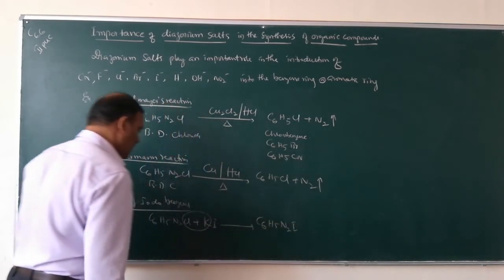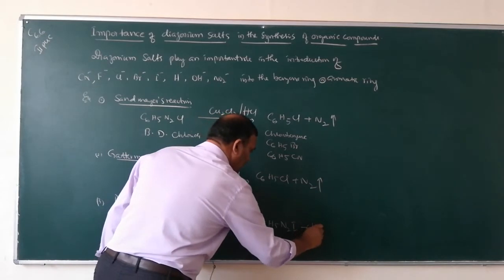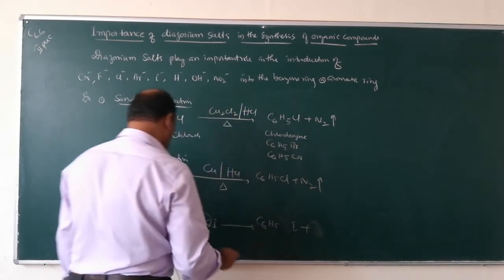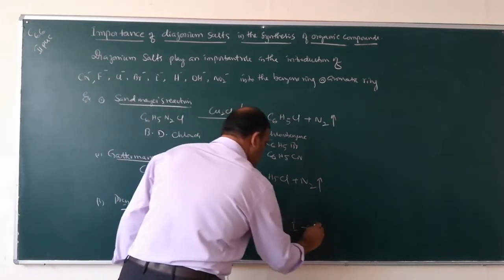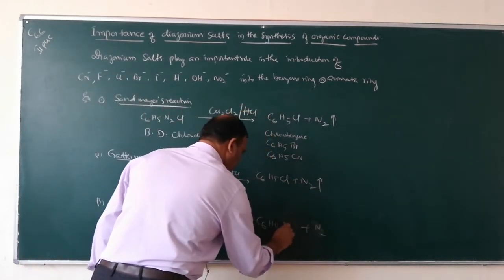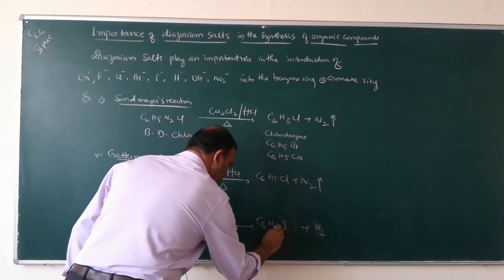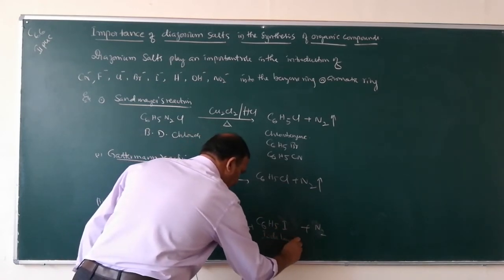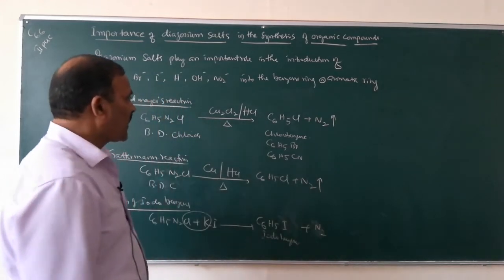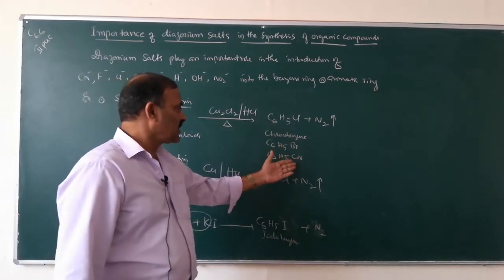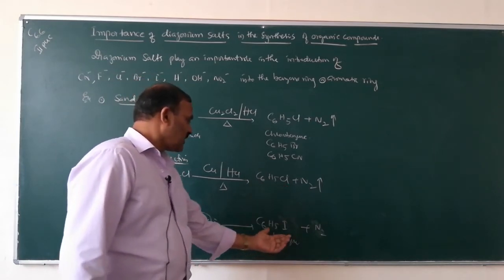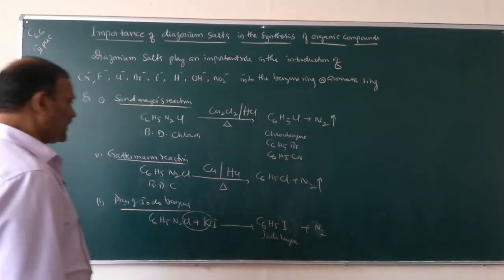C6H5N2I plus KCl. So this is KCl plus N2 plus I. So this is C6H5I. This is iodobenzene. So we can prepare chlorobenzene, bromobenzene and iodobenzene.